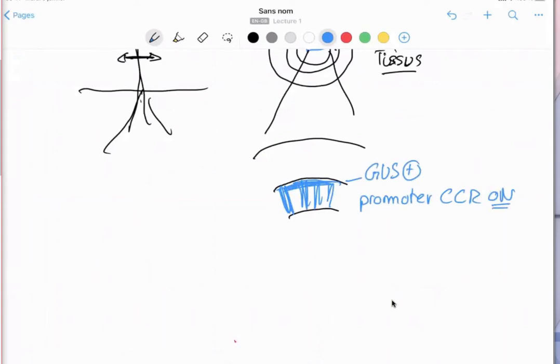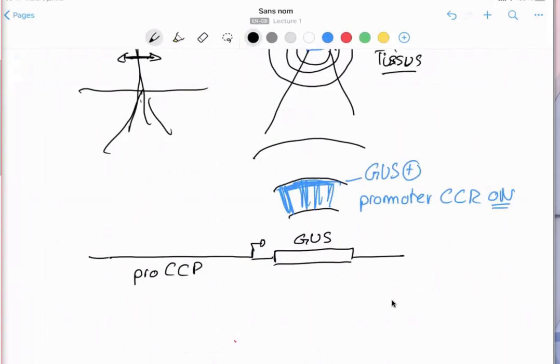And we could have this pattern of expression because the construct that has been introduced in the plant, the reporter gene, is the GUS gene, and we put in front the promoter of the gene CCR.